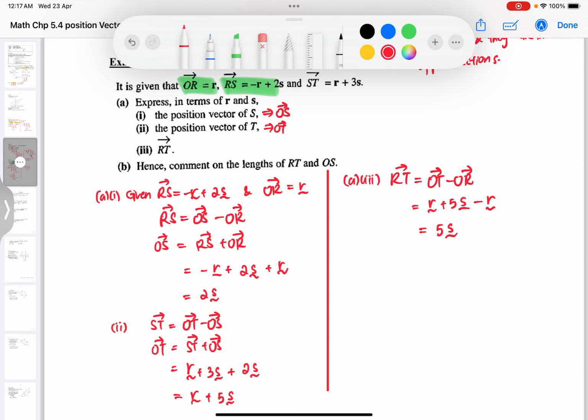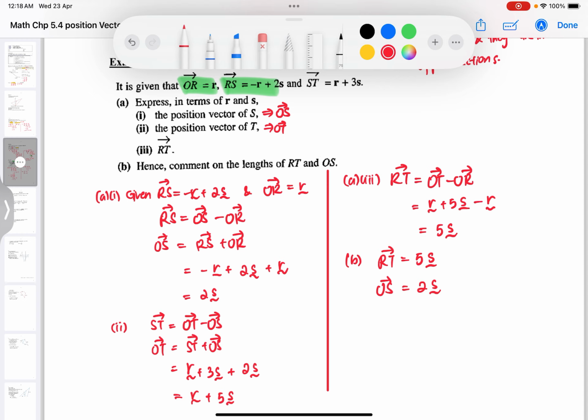Now the question asks you to comment on the length of RT and OS. RT is 5 of s, while OS is 2 of s, right?